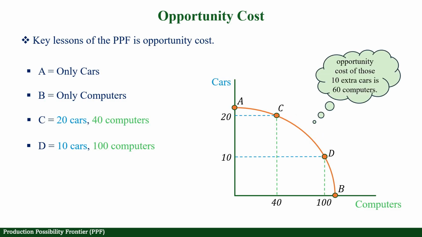So the extra cost here, the opportunity cost of those 10 extra cars, is 60 computers. So we are producing 10 more cars at the cost of 60 computers. We can also say that opportunity cost is the opportunity lost.